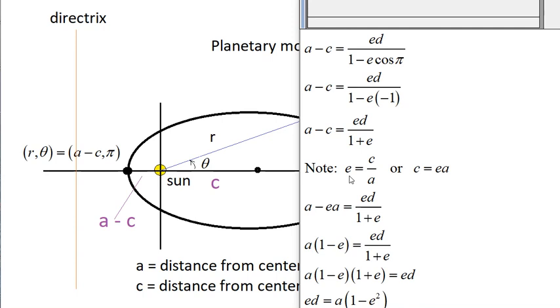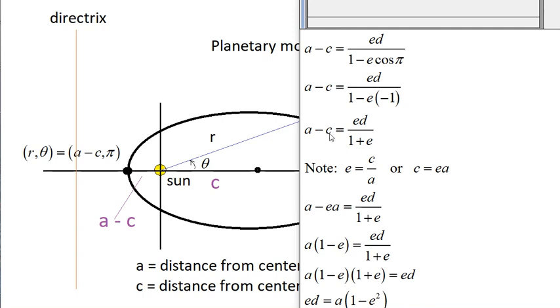Recall that eccentricity is defined as c over a. Multiply both sides by A, then we have c is equal to e times a.